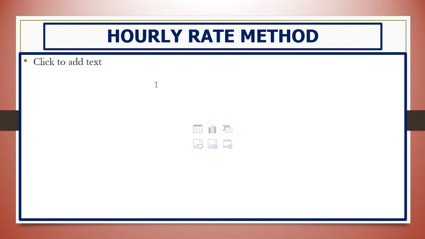In case the question comes asking you about hours, they will give you the cost of an asset, the scrap value of an asset, and then the estimated number of days an asset is expected to be used in a year.